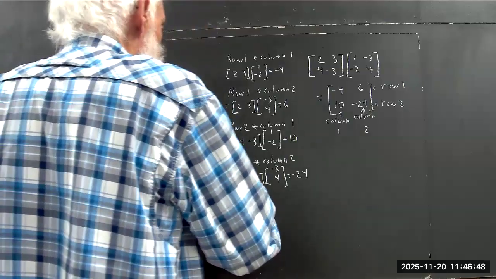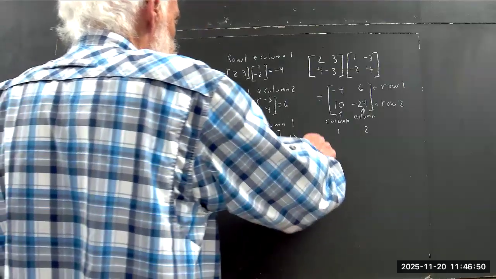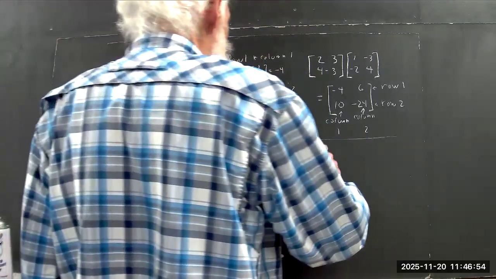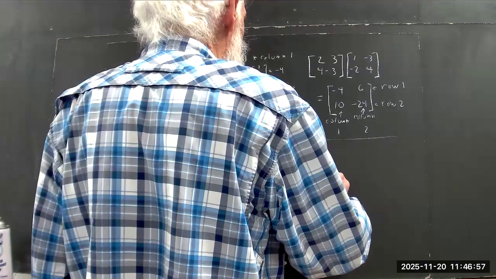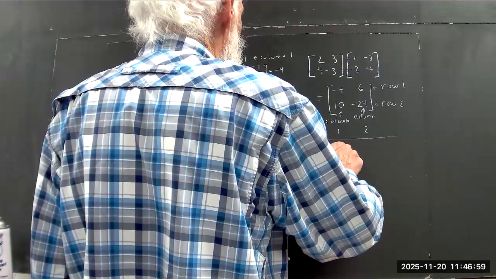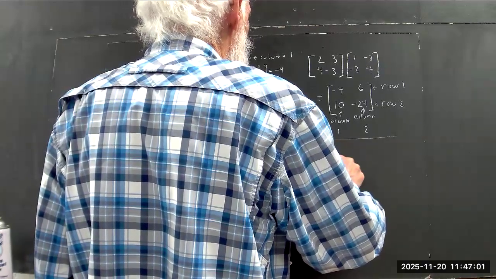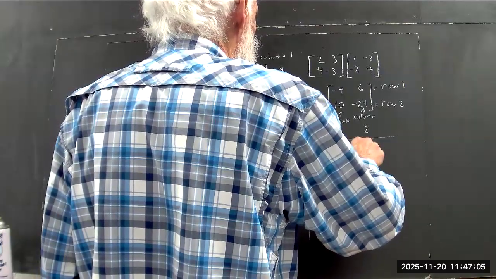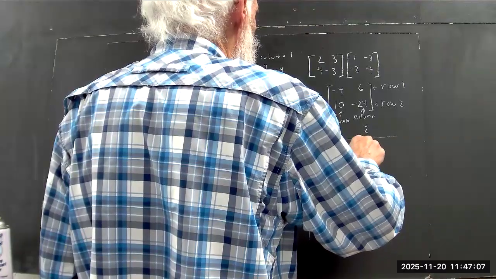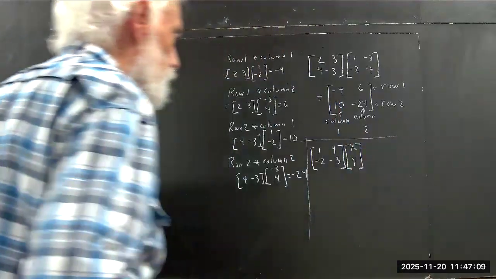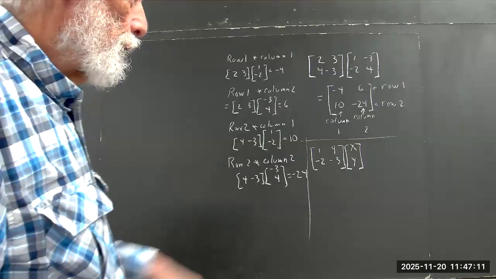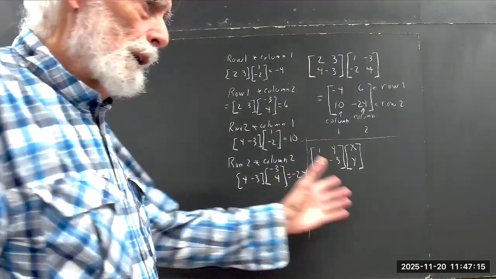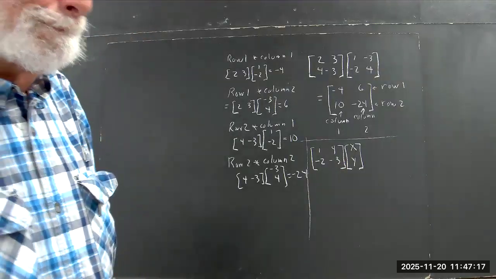Now, I'm going to throw a little bit of a curveball at you. So let's say we got the matrix multiplied by a single column, X, Y. Write out what you think we would get from that.